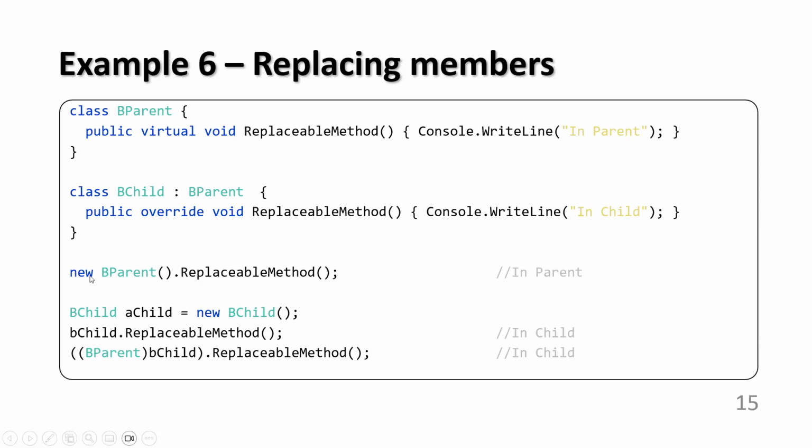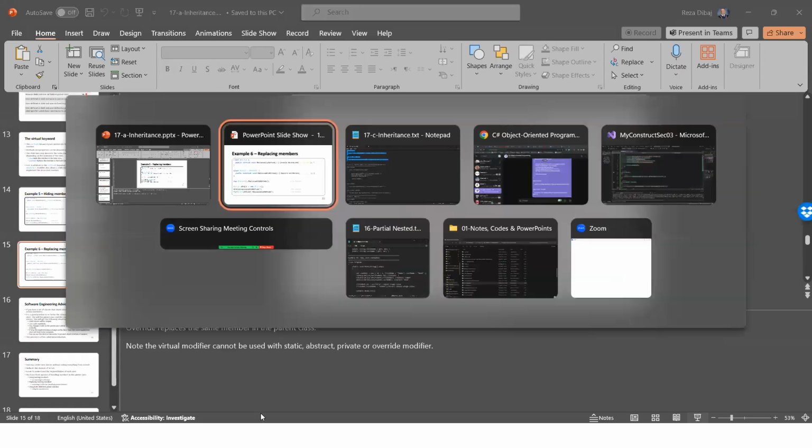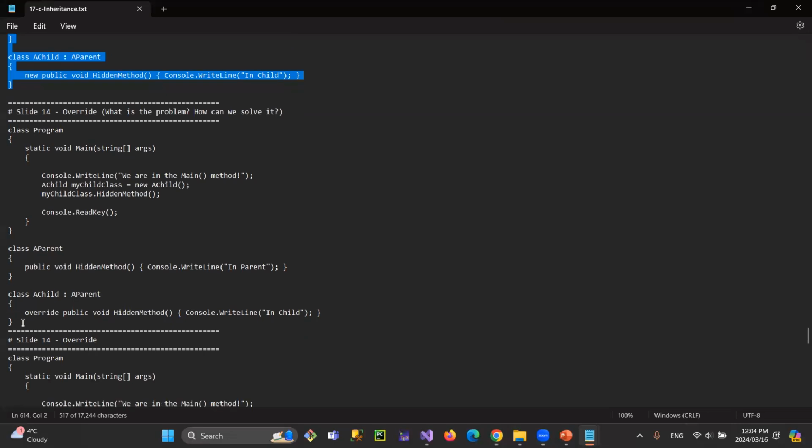What we create here is, what is that new B parent? We simply occupy a memory for a new object without having any specific name to it. And then here we say bchild.replace method. And then we say bparent. What's going to happen? I told you that it's not possible to do that, but let's just try this together. Look at the example that I have provided.